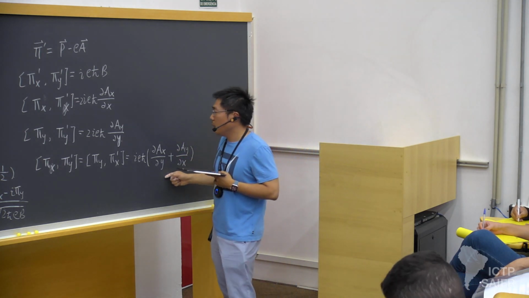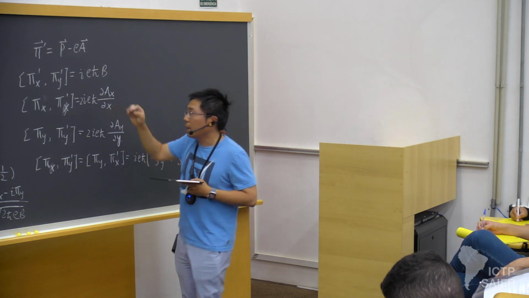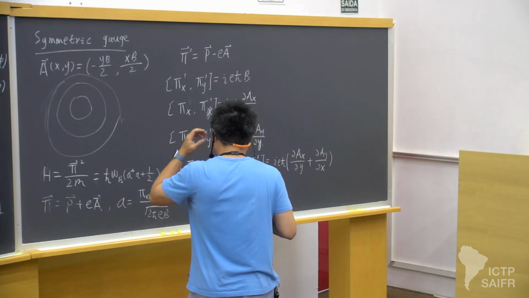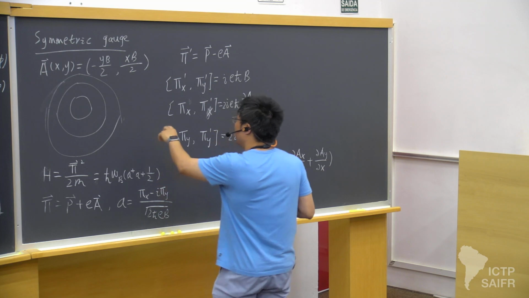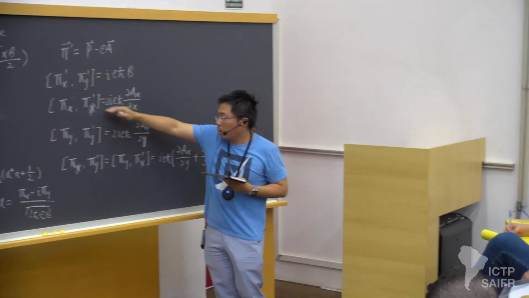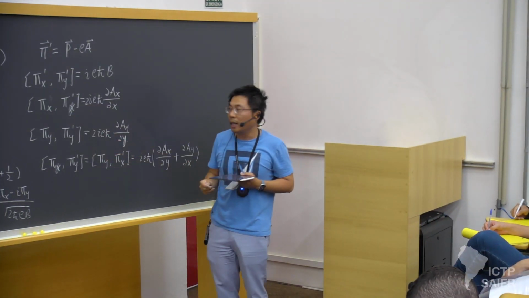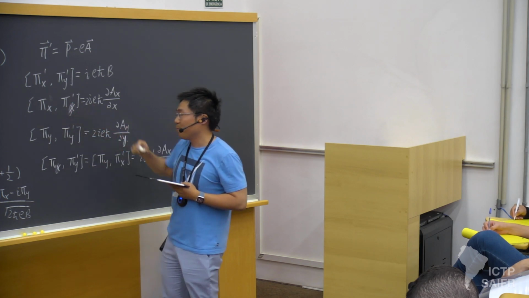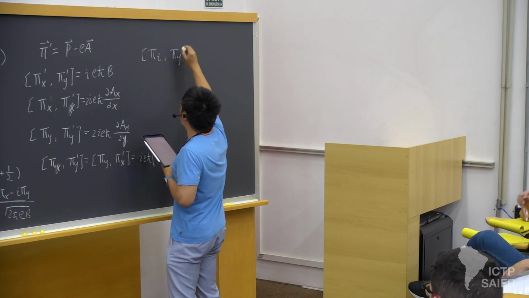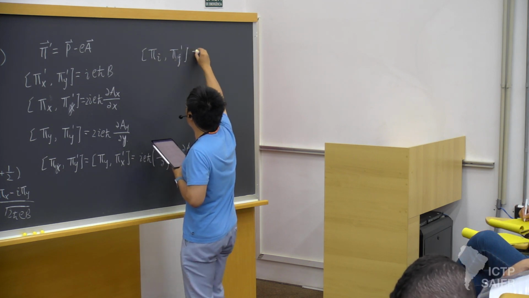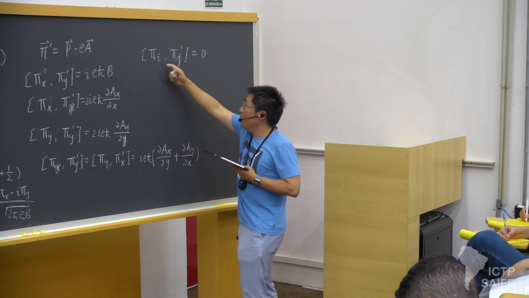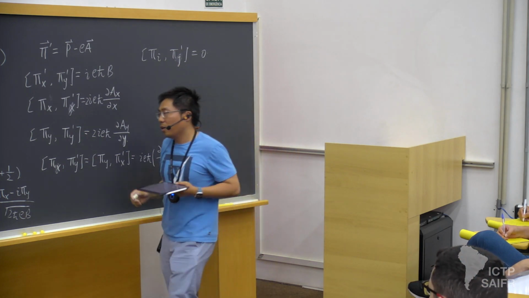So the relation here is general for any gauge. But now the good thing comes out for this symmetric gauge, that is all those commutators become 0, right? That means now I do have pi i commuting with pi j prime, no matter what I choose for this i and j, right?